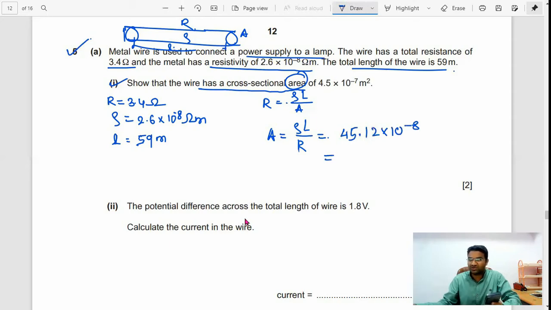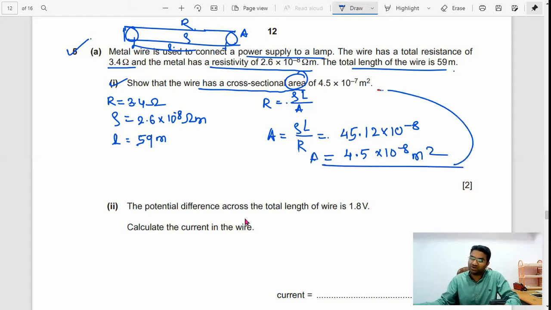Just shift the decimal point one place to the left, it will be 4.5 times 10 raised to negative 7 meter square area, right? So see here, in this question the marks are divided for your formula, then steps and calculation. So if you got the correct calculation, you will get the marks.